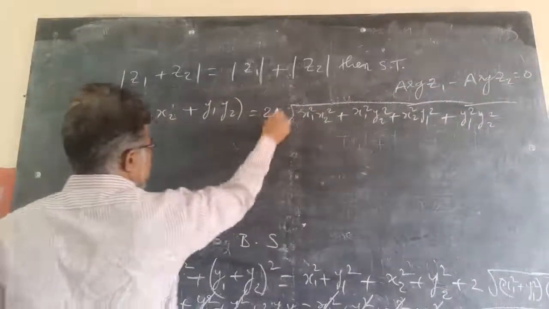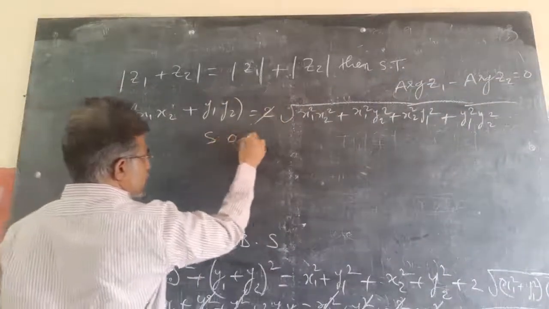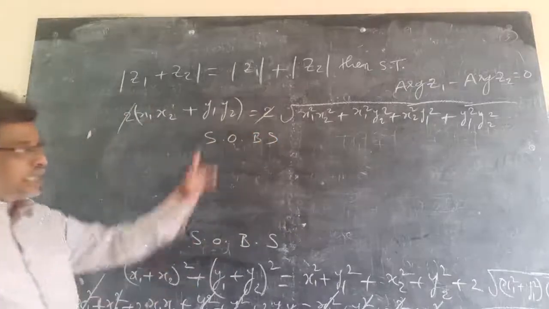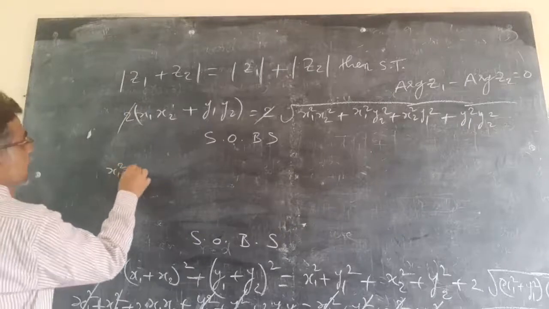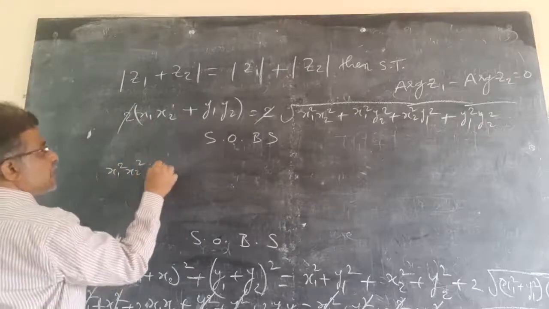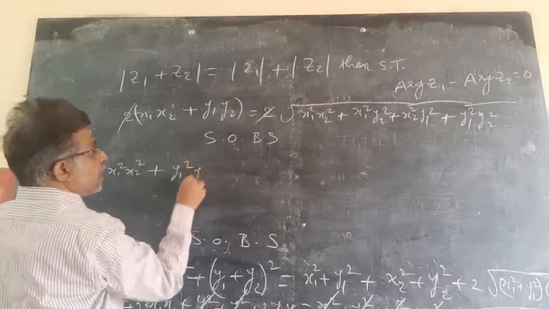Now 2 cancels. If I square on both sides one more time, then that root will go off.